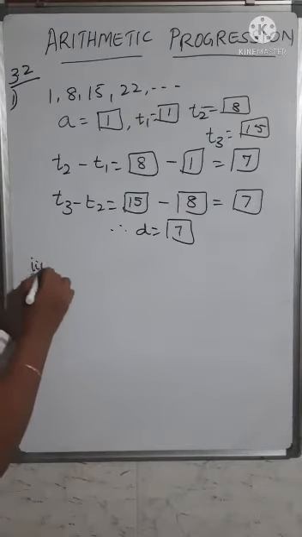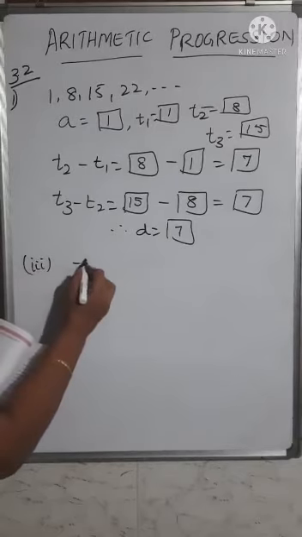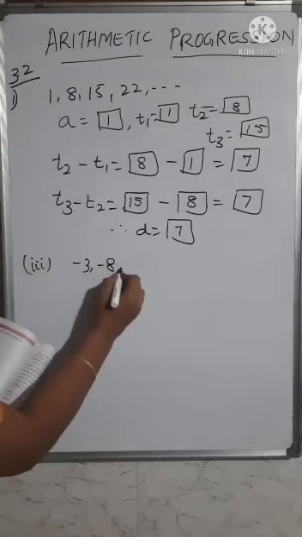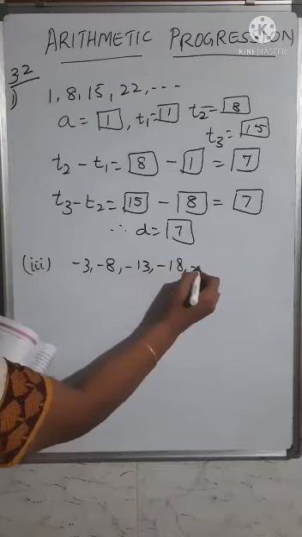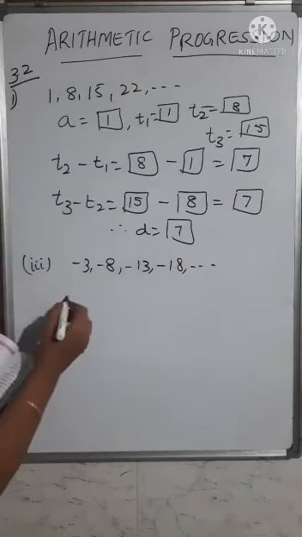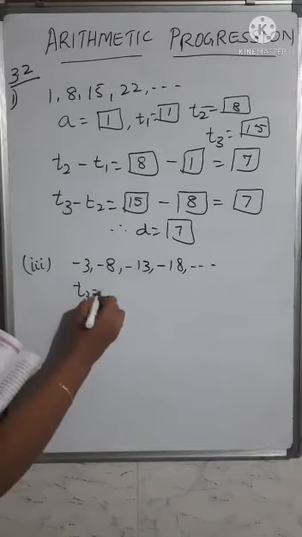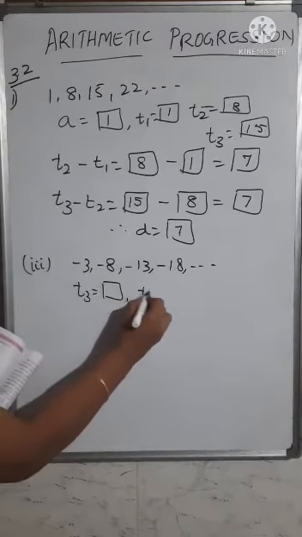Go for the third sub question: minus 3, minus 8, minus 13, minus 18. They have asked to write T3, T2, T4 and T1.